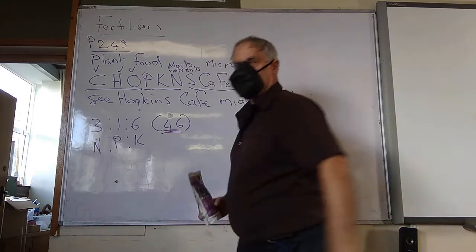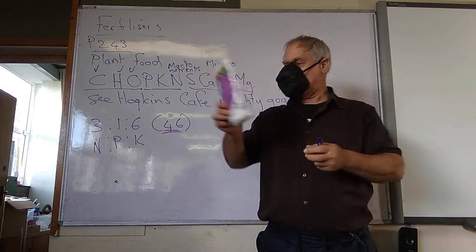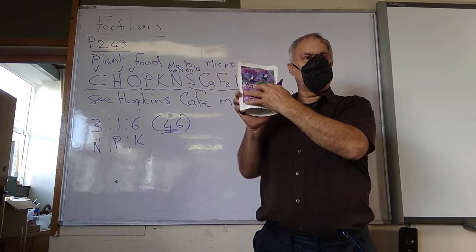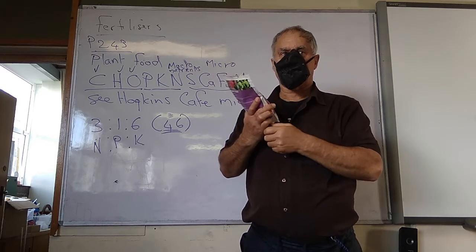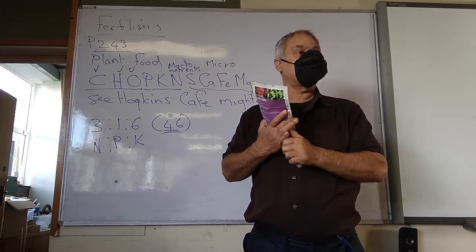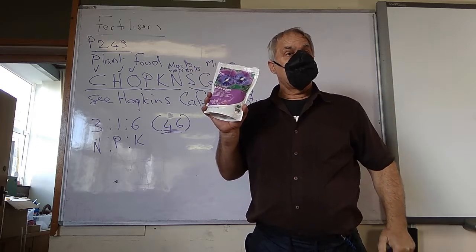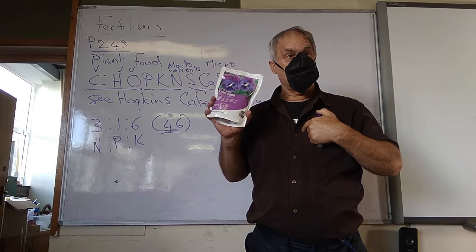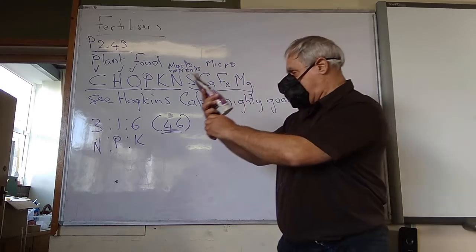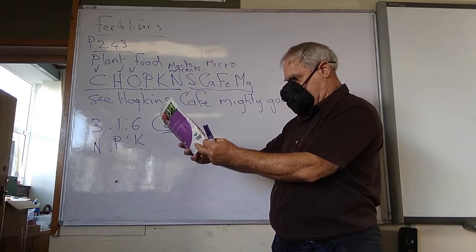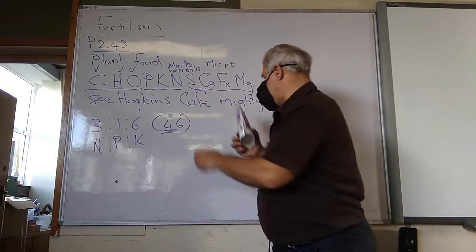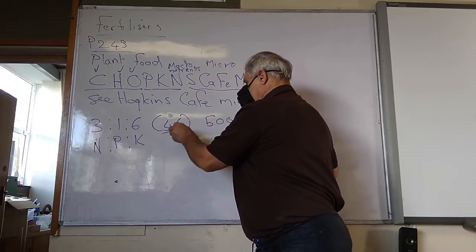Now for a cheapskate, this is the first number you look at. It's the percentage of the weight of this. This is 500 grams. But this is the percentage that is NPK. The percentage of actual fertilizer.